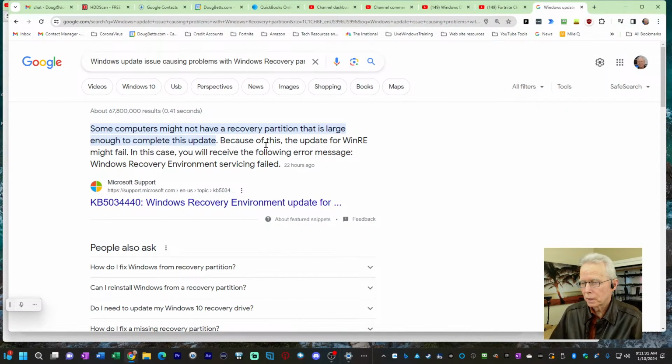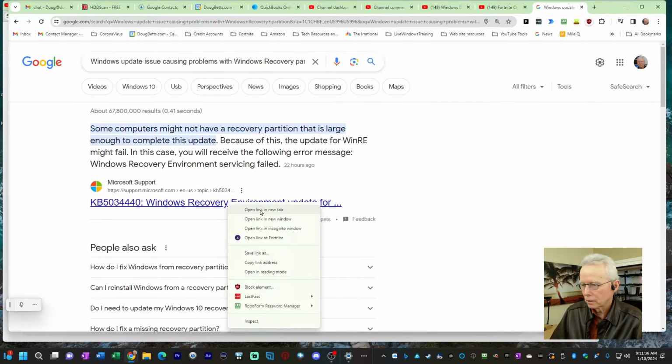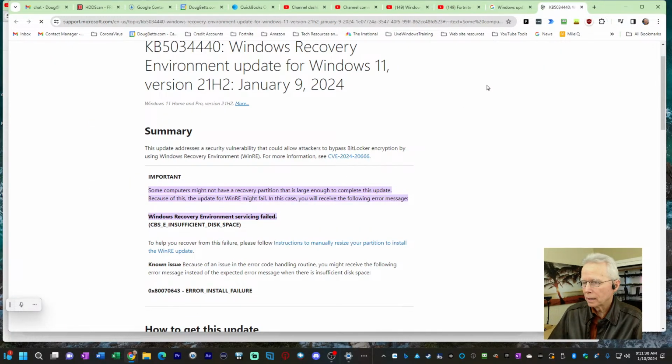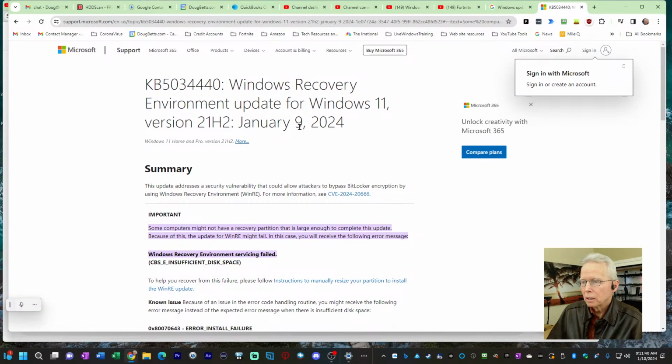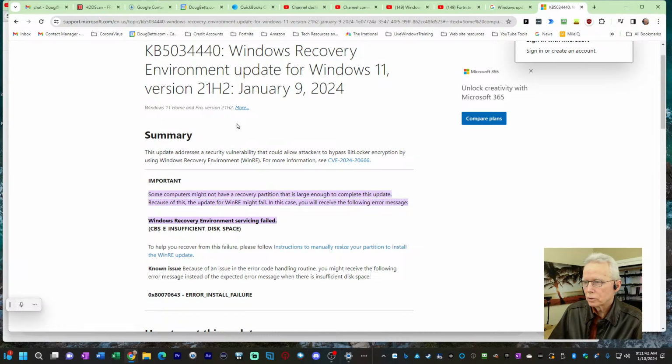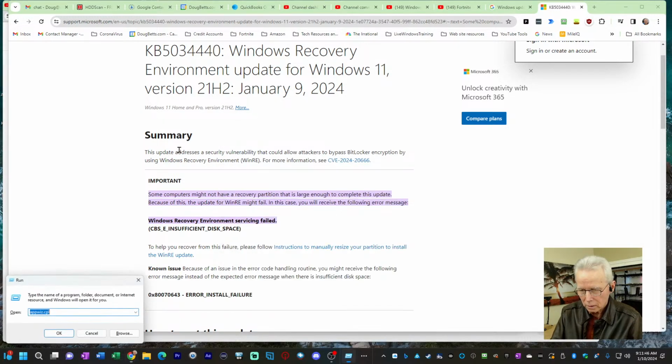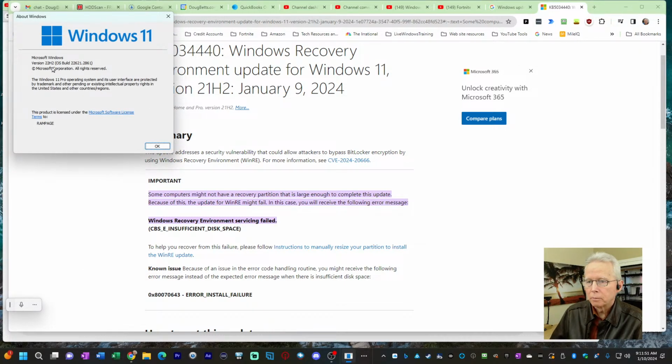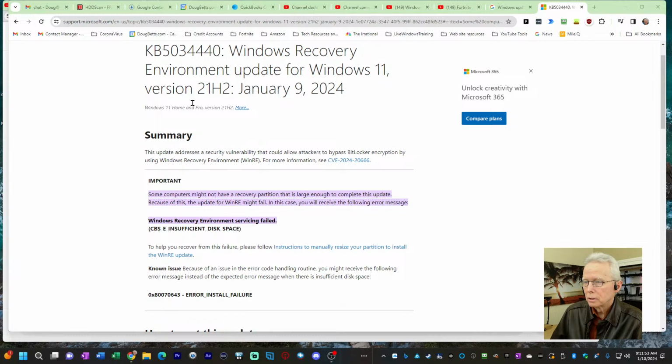Some computers might not have a recovery partition large enough. Let's see if it is for Windows 10 and 11. Windows 11 version 21H2. Well, WinVer, I'm 22H2.